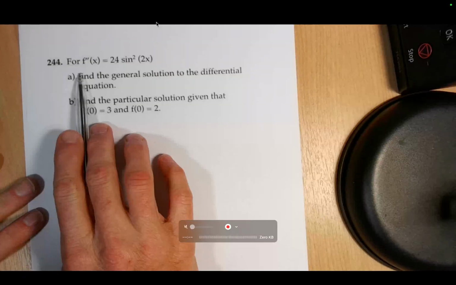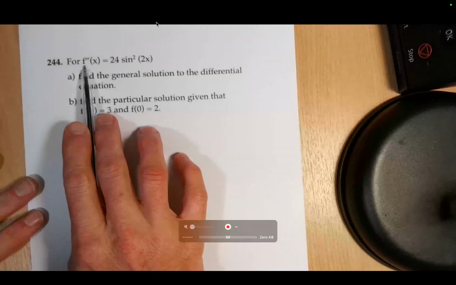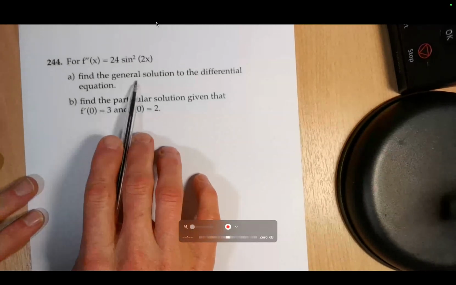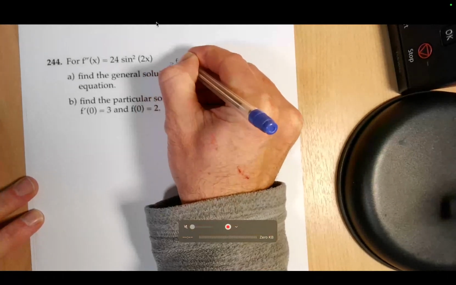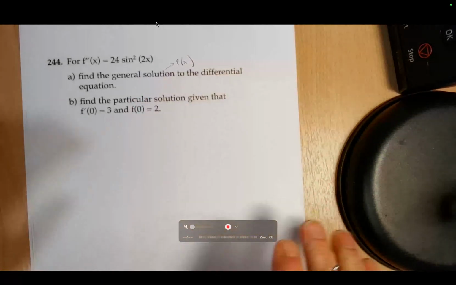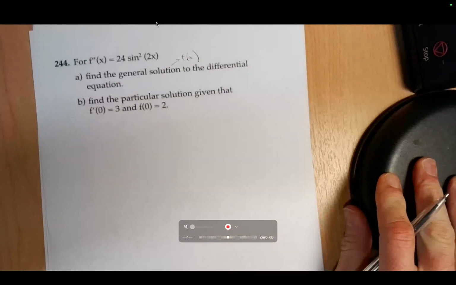And the key consideration is that's the second derivative, and we need to find the general solution, which is the first derivative function. Right, I'm just going to raise this up a bit.